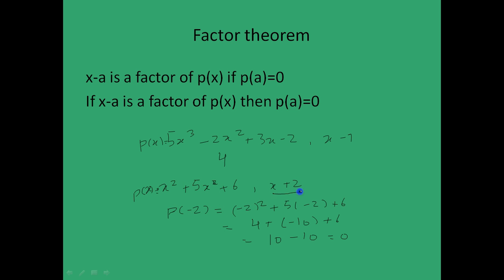And so we know that x plus 2 is actually a factor of p(x), that is x square plus 5x plus 6, and we can confirm that by long form division.